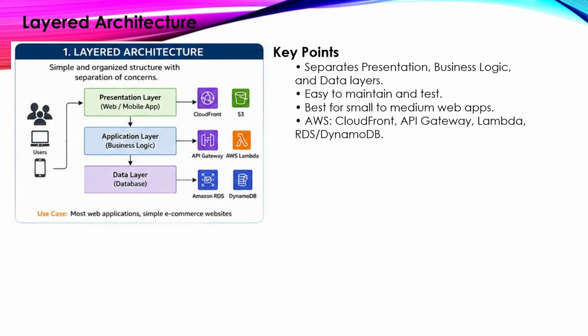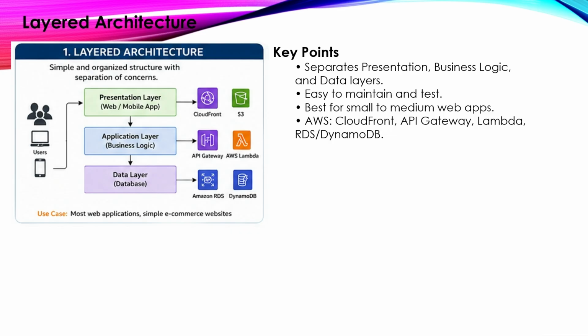Imagine you just opened the Amazon website or Amazon application. The first thing you see is the website, right? When you open amazon.com or amazon.in, you see the website. But behind this simple web page are multiple layers working together.